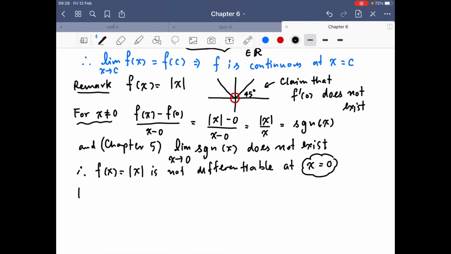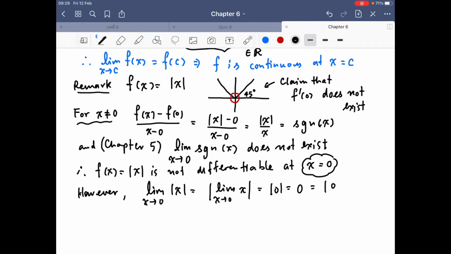However, of course, the limit as x goes to 0 of the absolute value is the same as the absolute value of the limit, and it is 0 itself, which is the absolute value of 0, right? They are the same in the first place. So let's say that this one is f at 0, and this one is the limit of f of x.